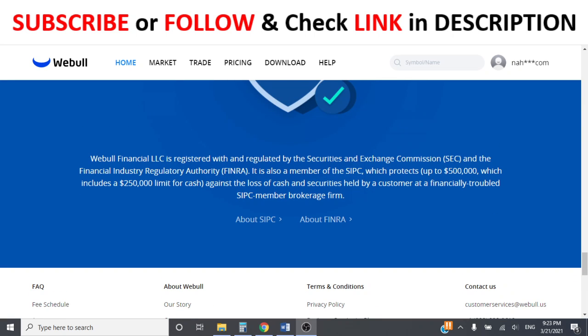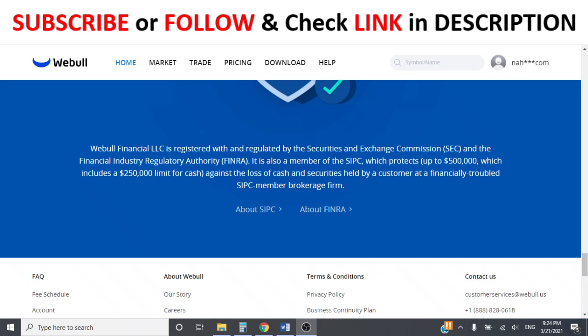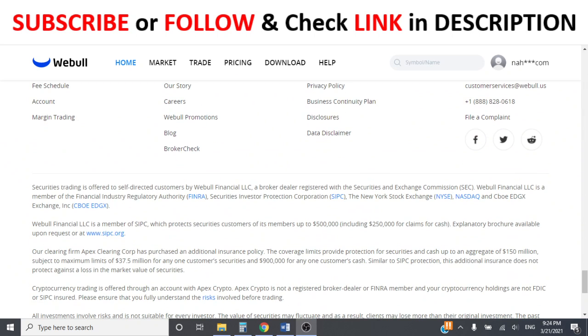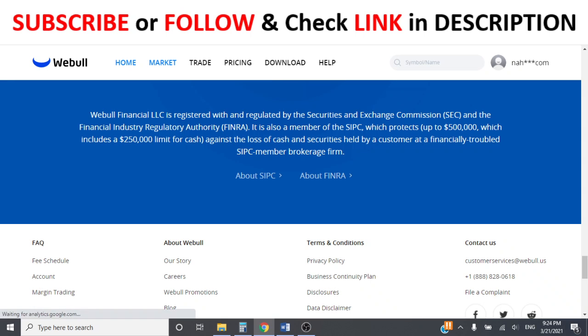Then it's a register, and then financial, and it protects up to apparently $500,000 against the loss of cash or security held by a customer. Okay, so I think that's if something incorrectly happens in their system, then you're covered up to $500,000 if there is a mistake that happened because of them.